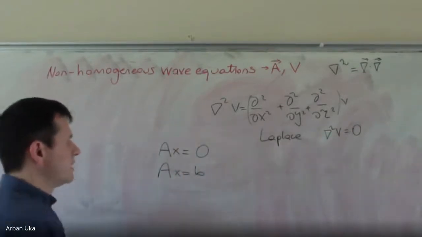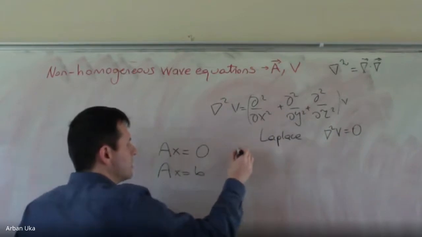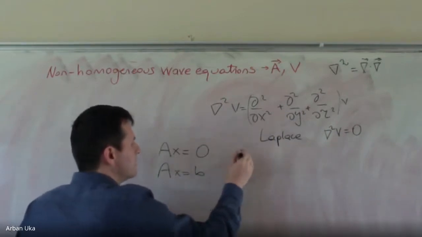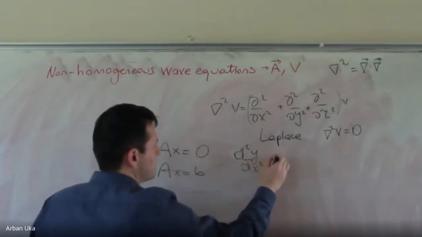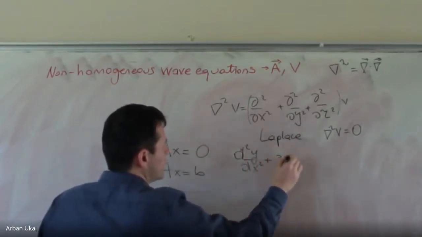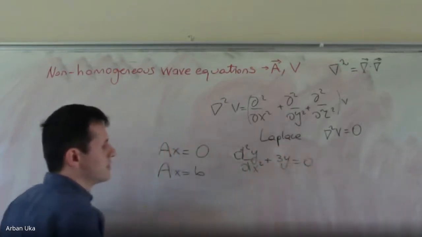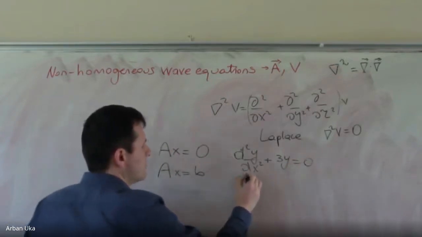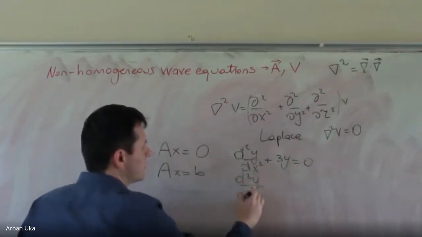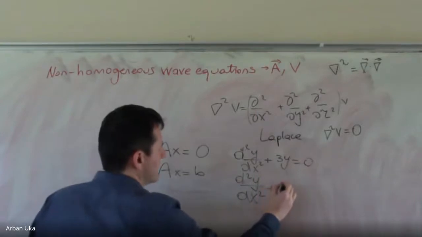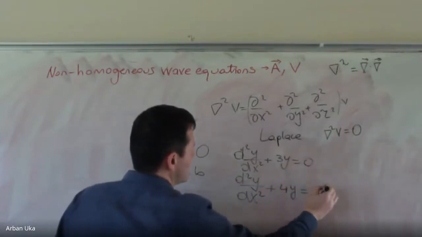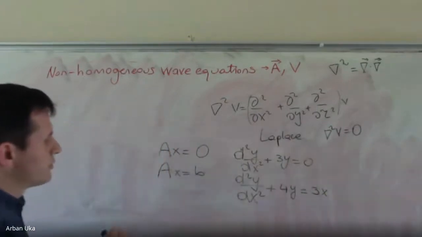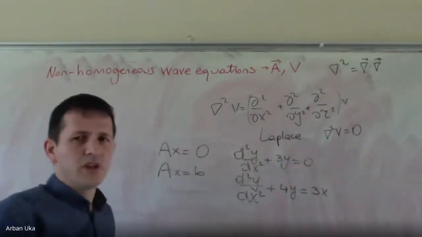At the same time, for differential equations, if we have the second derivative of y with respect to x plus 3y, and this is equal to 0, this is called homogeneous. But if this is the second derivative of y with respect to x plus 4y, and this is equal to 3x, this is called non-homogeneous, okay?